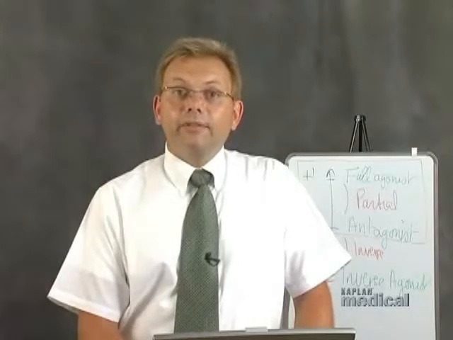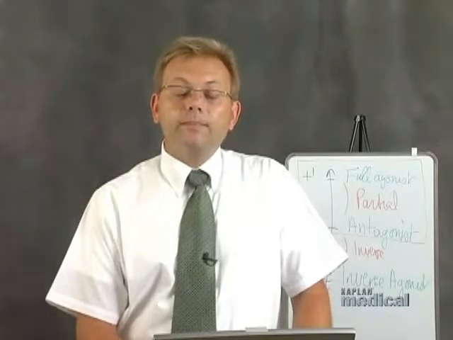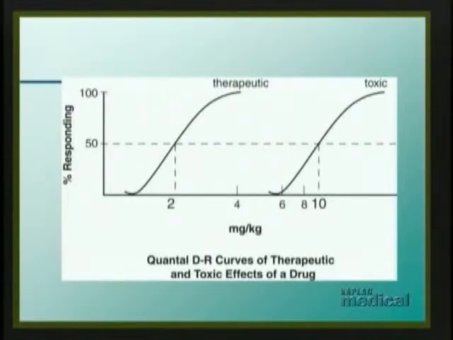How about side effects then when you take a drug, the toxicity when you use drugs therapeutically? Look first at that same diagram. Notice that the therapeutic range that would be proposed for that drug is anywhere between 2 and 4 milligrams per kilogram, to ensure that more than 50% and upward of everybody would have therapeutic responses.